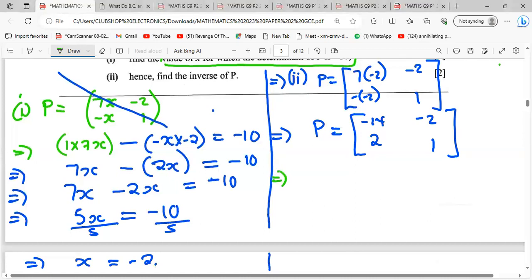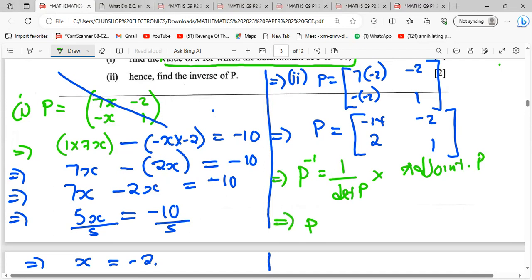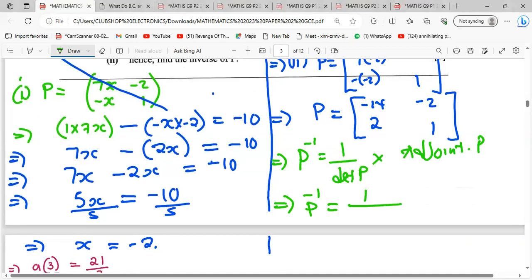Now, to find the inverse of P, the inverse is 1 divided by the determinant of P, times the adjoint of P. All right? It implies that the inverse of P is 1 divided by, remember, the determinant is negative 10.